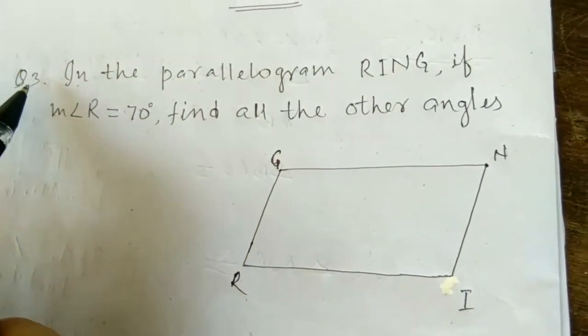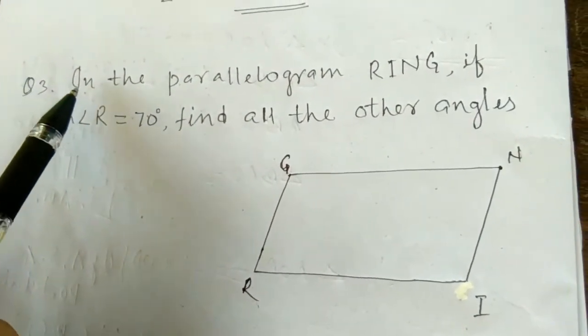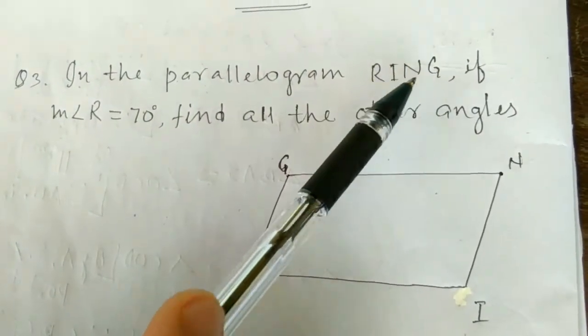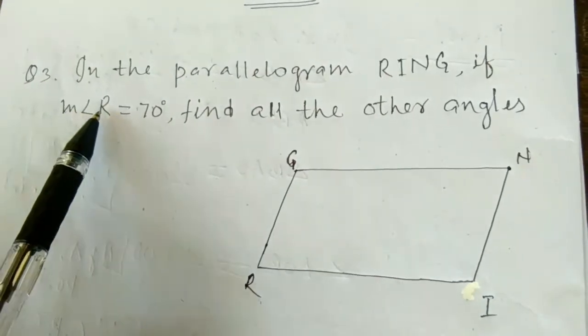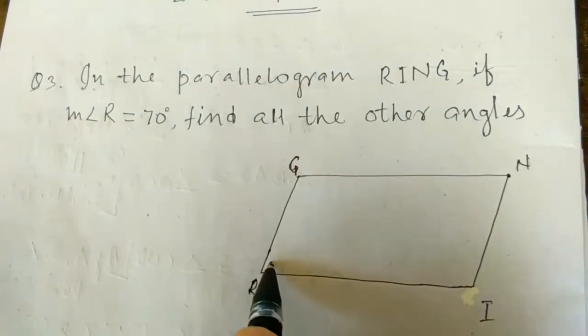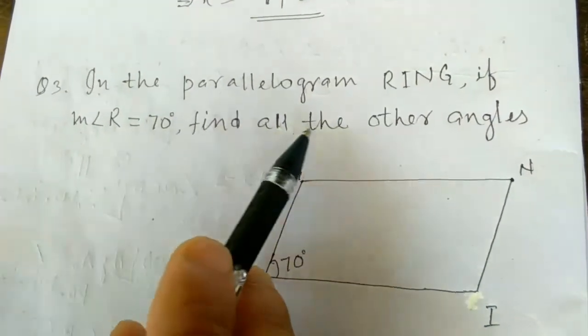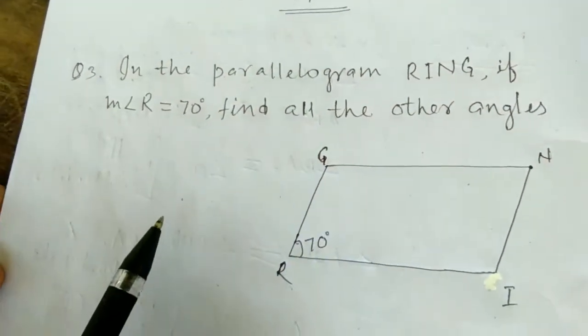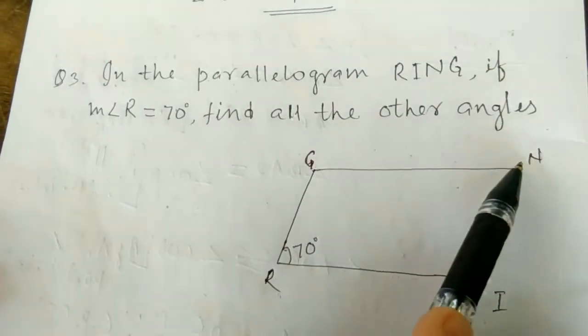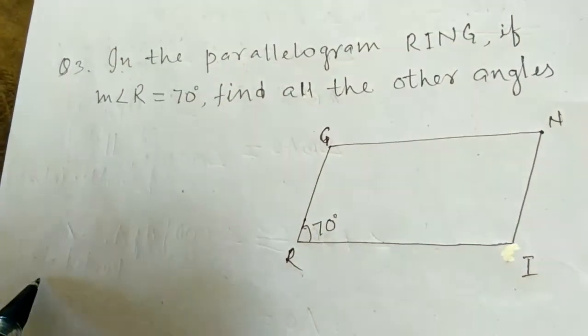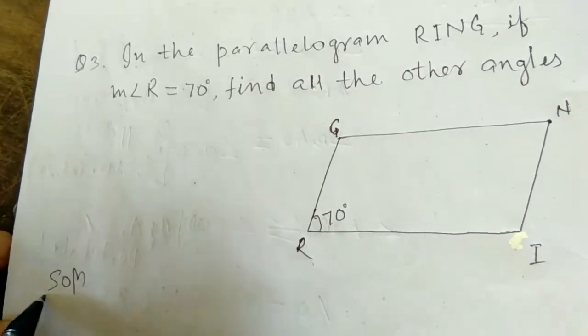Now question number 3, and this is the last question for today. In the parallelogram RING, if measurement of angle R equal to 70 degree, that means this angle is given 70 degree. Find all the other angles. So to find all the other angles means you have to find angle I, angle N, and angle G. Let me show you the solution part. Solution.